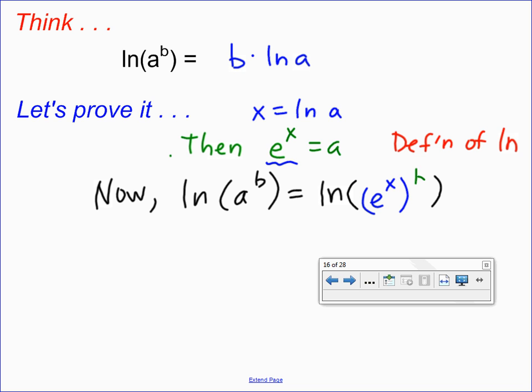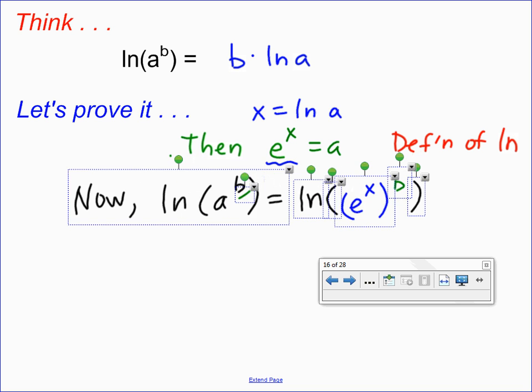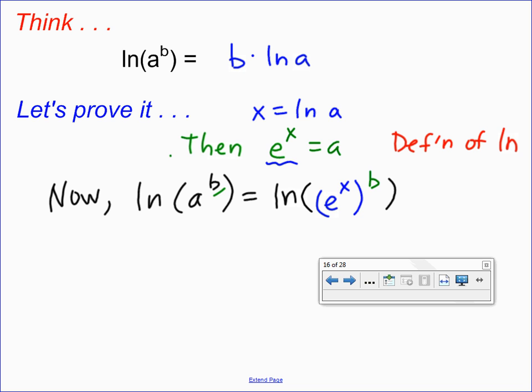So we're substituting in e to the x for a, and then we still have to raise it to the b power. What would our justification for this be? Substitution. Substitution is my favorite justification. When in doubt, substitution.